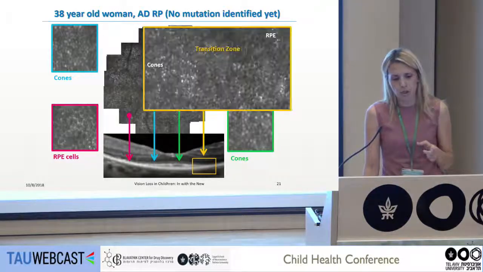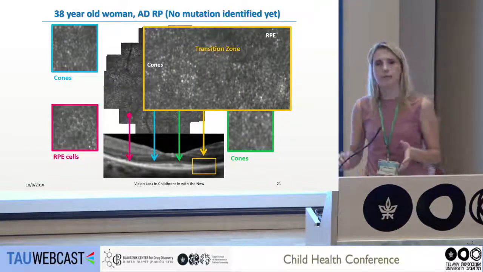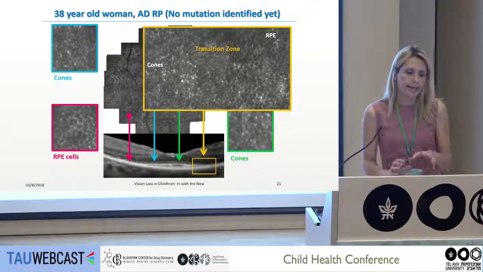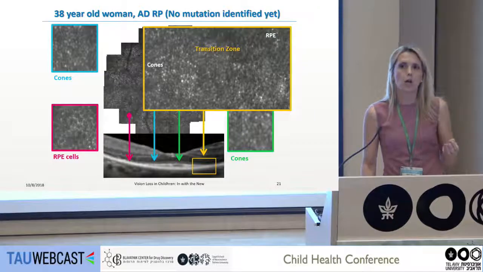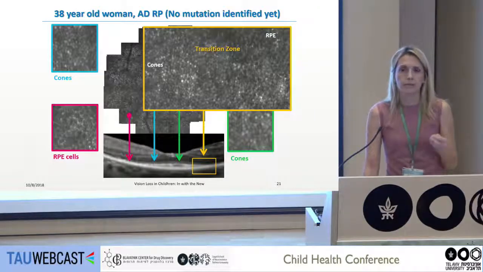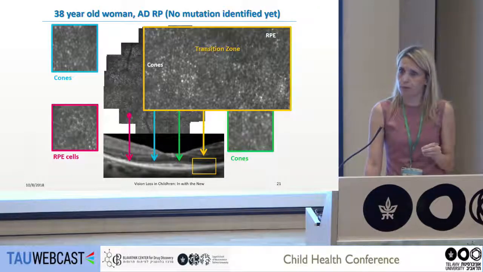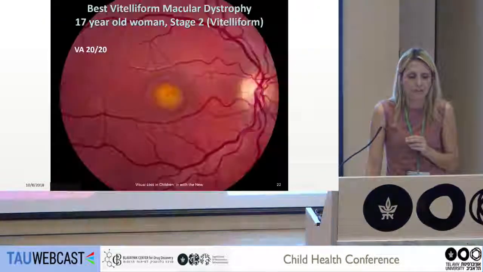In this condition, the degenerative process proceeds from the periphery of the retina towards the center in a ring-like fashion. So repeated imaging enables longitudinal tracking of the disease progression with high sensitivity.